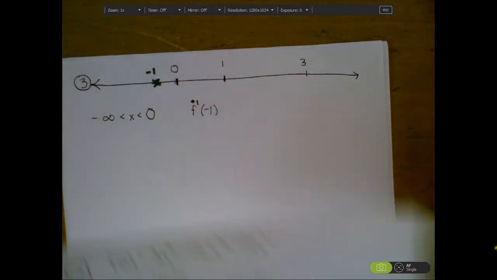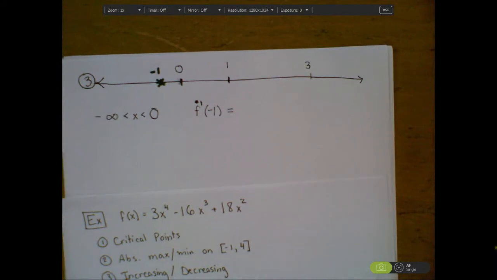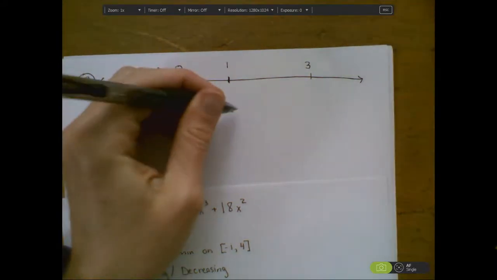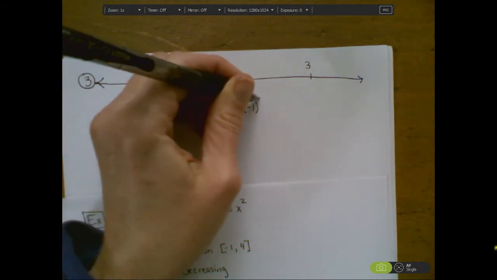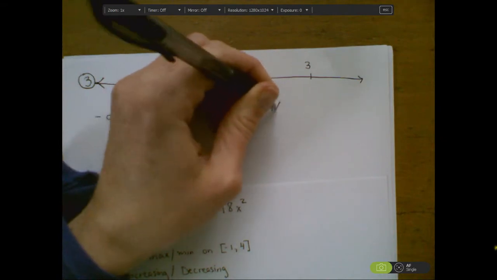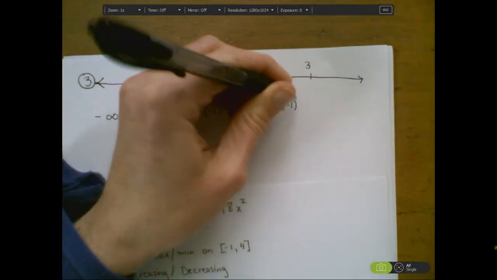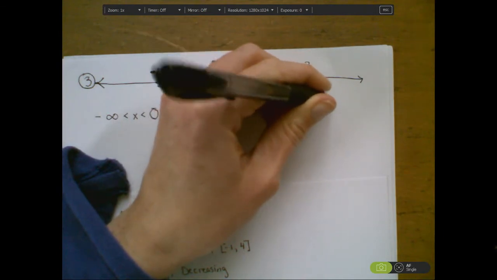I'm plugging it into my derivative. And what is my derivative function? Recall we found the derivative over here is equal to 12 times -1 cubed minus 48 times -1 squared plus 36 times -1. You can't see any of this because I'm left-handed.